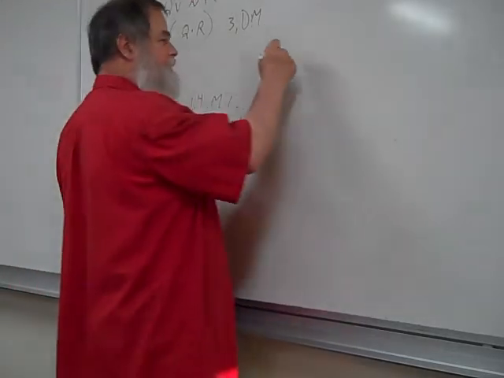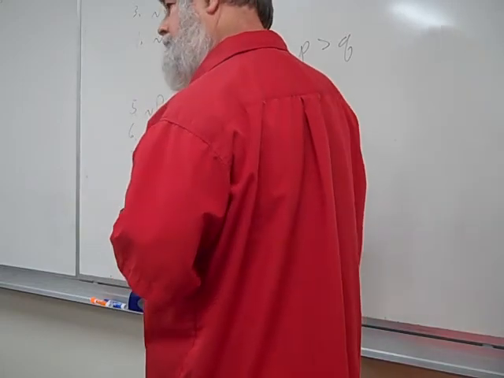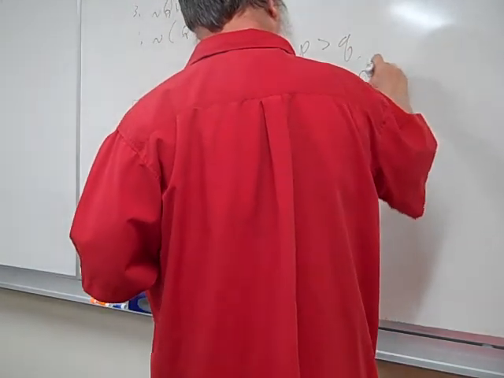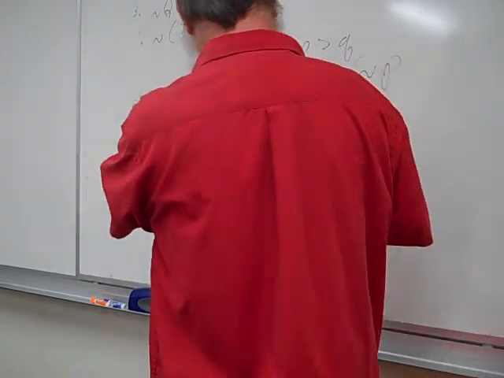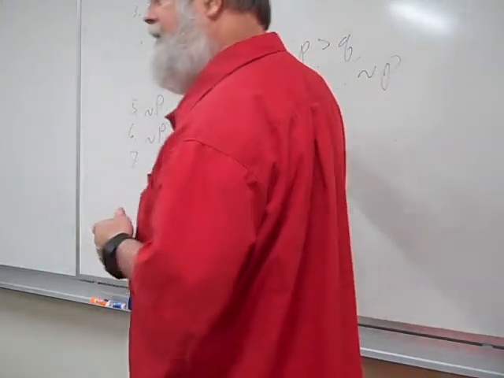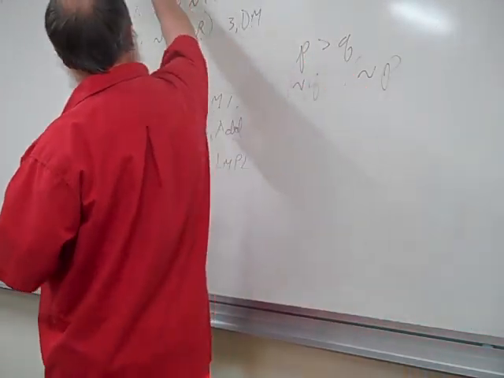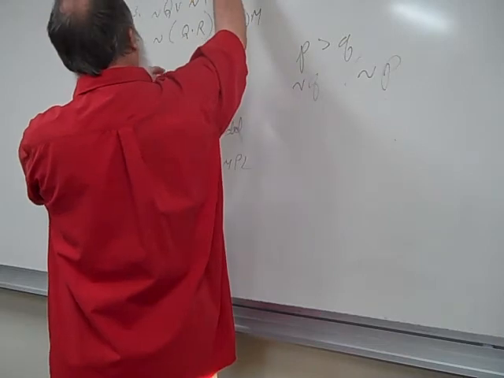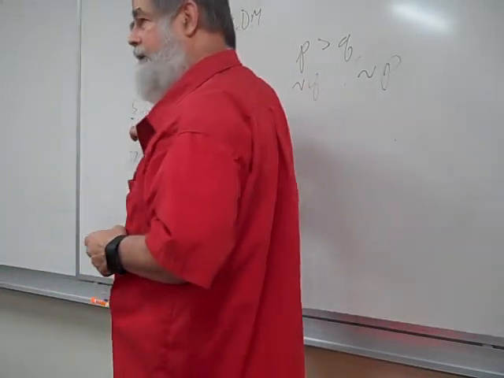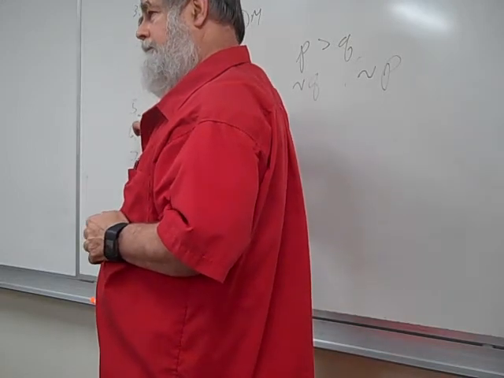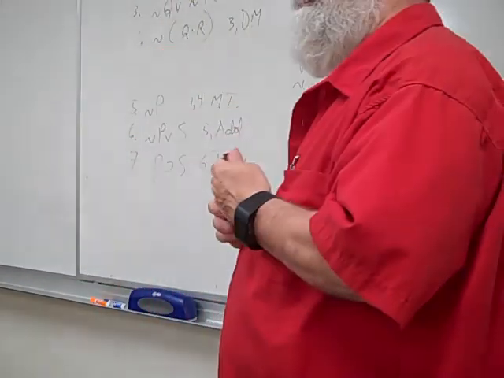Remember, modus tollens goes if P then Q, but not the case Q, therefore not the case P, right? And in this particular case, remember these are variables standing for whatever. So I'm looking at: if this, then that, but not this, so not that. So modus tollens.